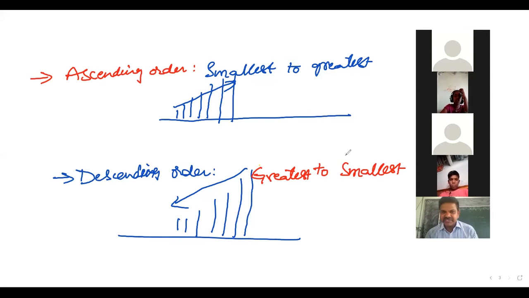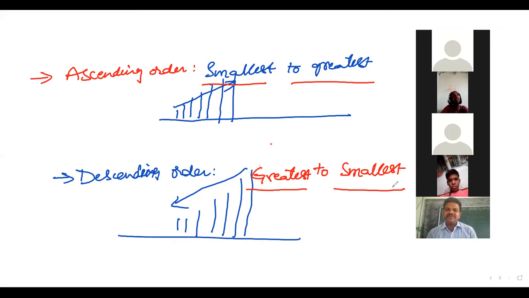If you arrange the numbers from the smallest to the greatest, that is called ascending order. First a small number, then numbers increasing. In descending order, it is decreasing. If you arrange the numbers from greatest to the smallest, that is descending order.